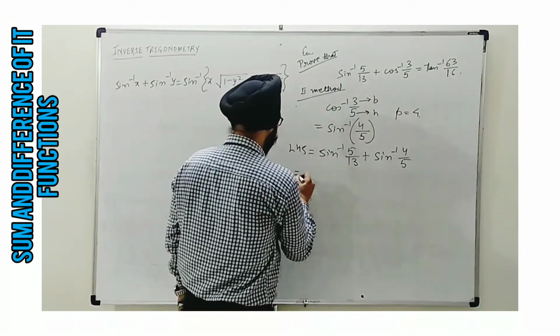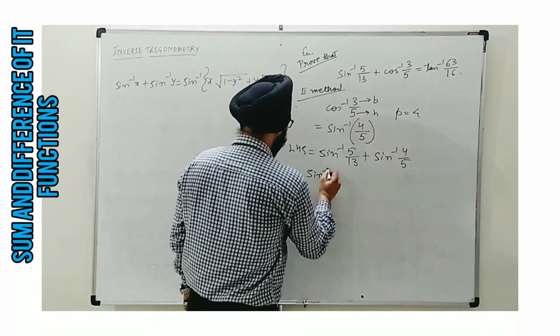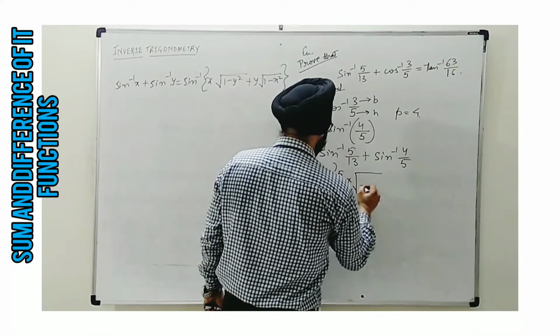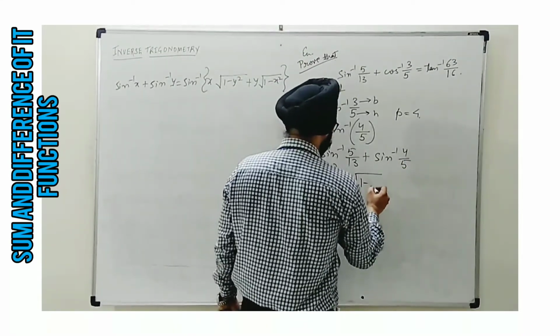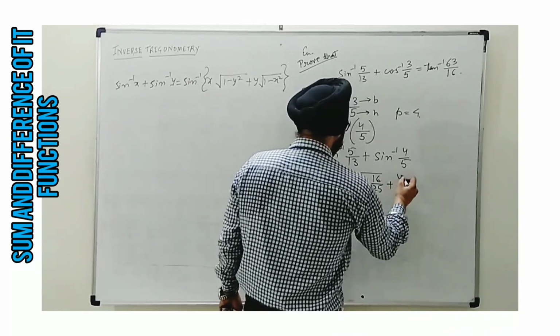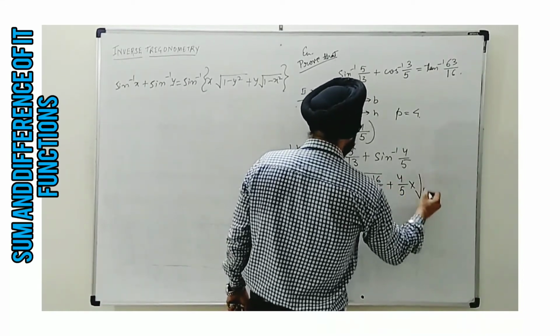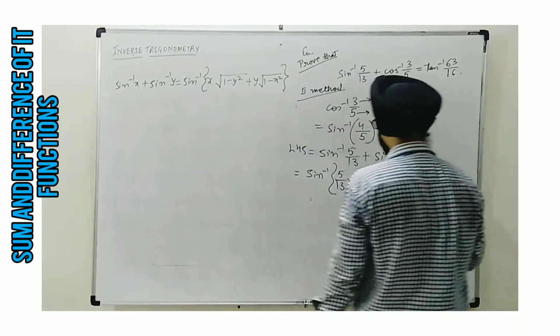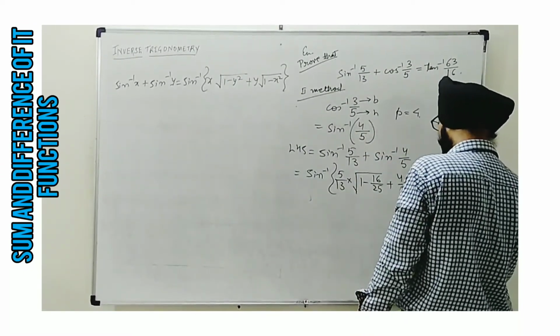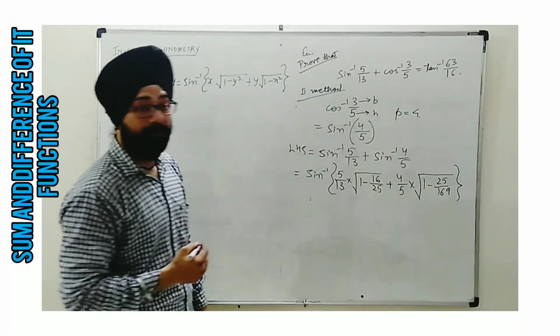So it will be sine inverse 5 by 13 multiplied by under root 1 minus square of 4 upon 5, it is 16 upon 25, plus 4 upon 5 as it is, under root 1 minus square of 5 by 13, so 25 by 169. Now this whole we have to simplify.